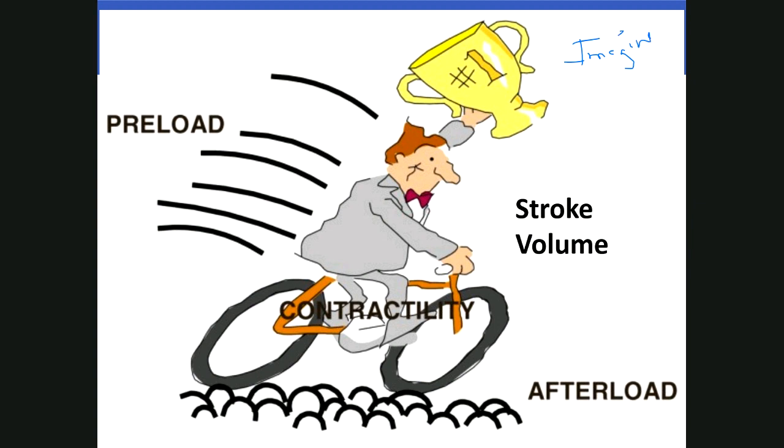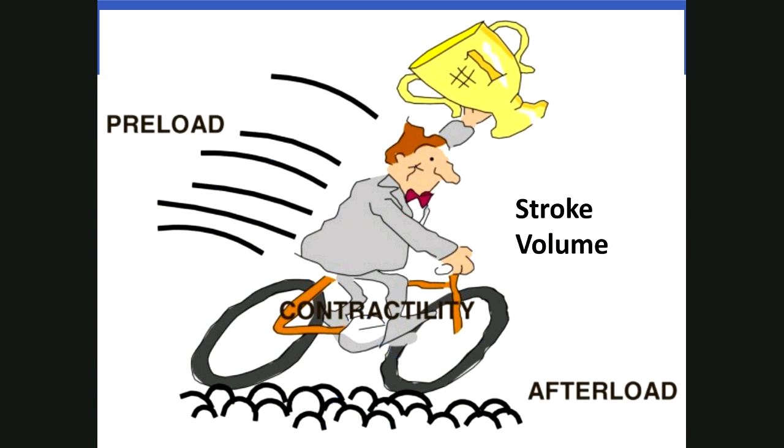There's wind at his back, which helps him go faster. This bumpy road is going to slow him down. It's going to make him go less fast. And then he gets to choose how fast he pedals, how hard he pedals, and that's also going to change stroke volume.